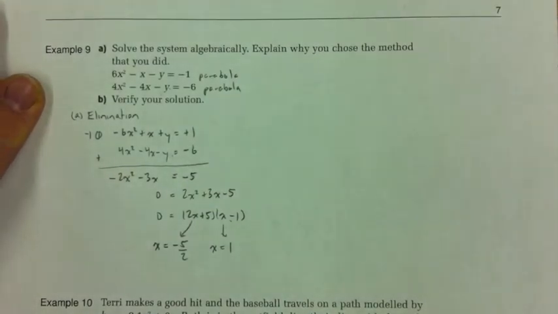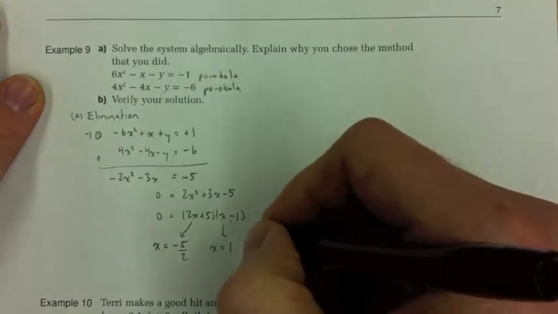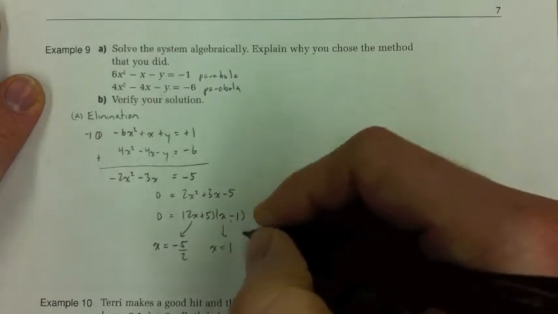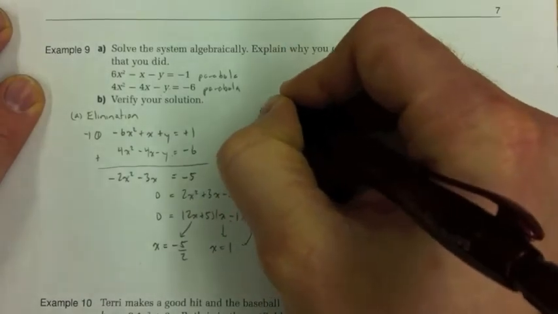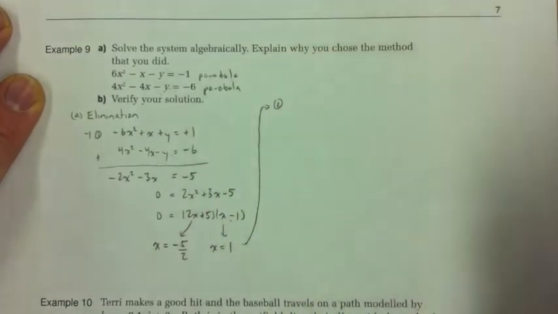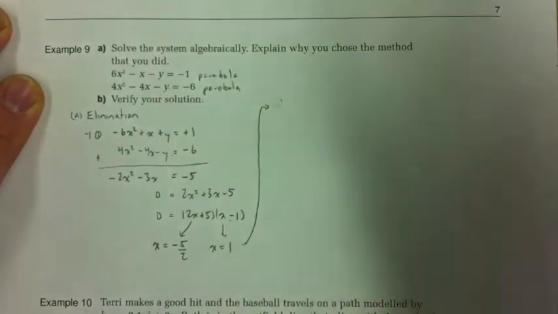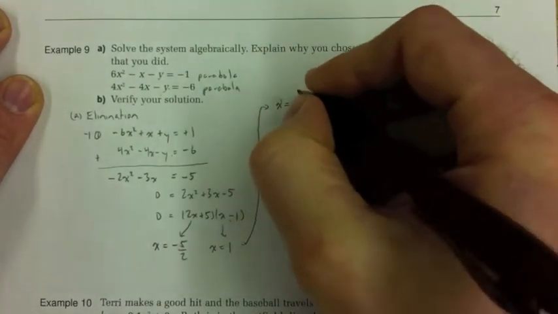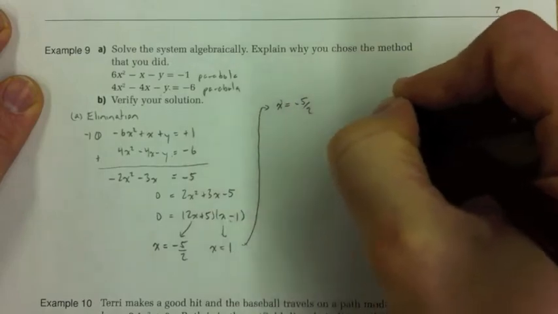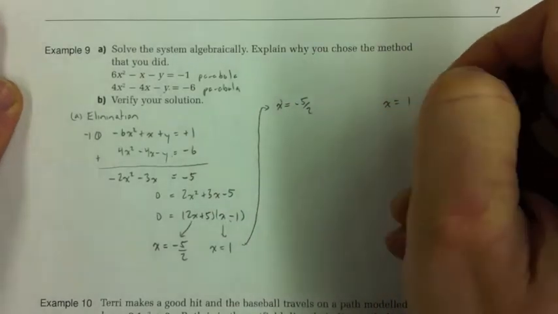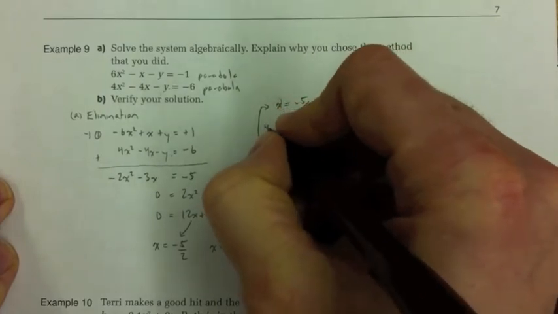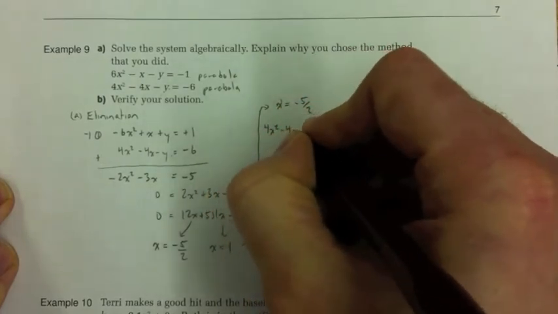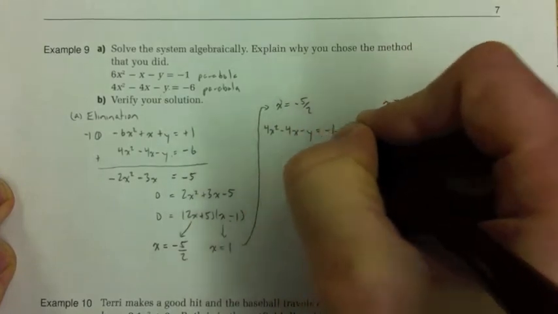Once we have done that, we need to get our y values by substitution. I'm going to use the second equation here. So we have x equals negative 5 halves, and we have x equals 1. I'm going to use the second equation, 4x squared minus 4x minus y equals negative 6.